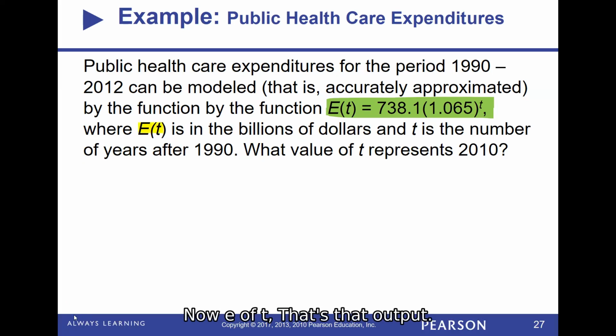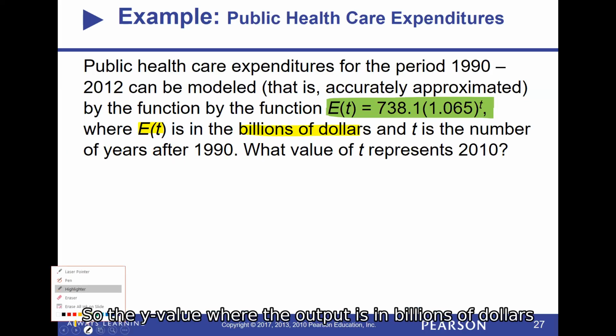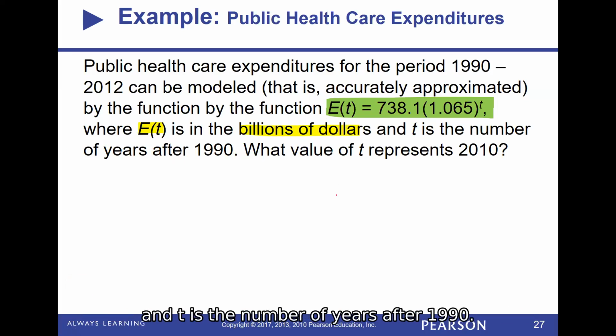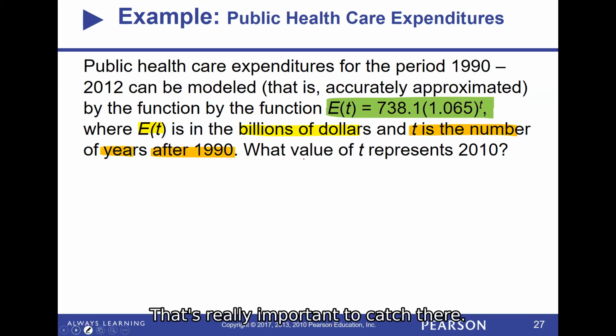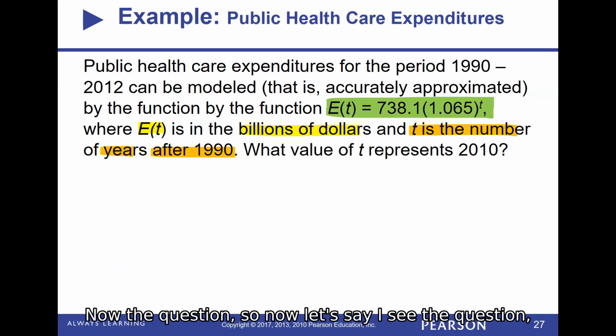Now, E of t, that's the output, the y value, is in billions of dollars. So the y value or the output is in billions of dollars. And t is the number of years after 1990. Ooh, that's really important to catch there. Now, let's see the question.